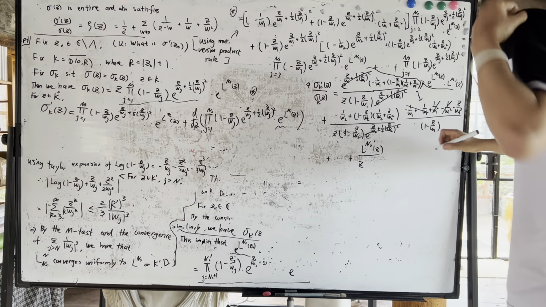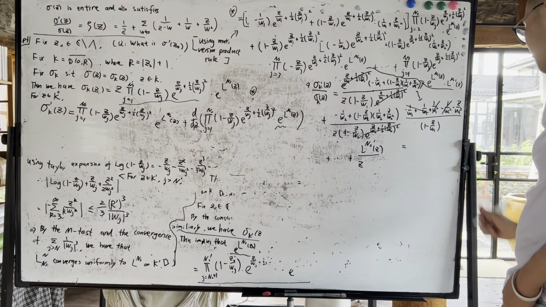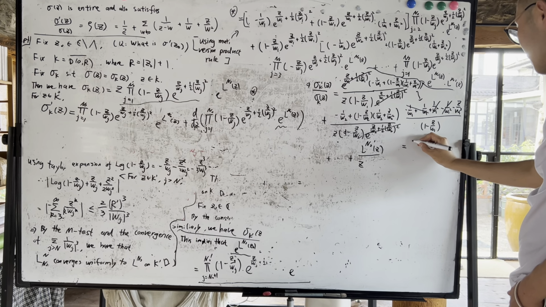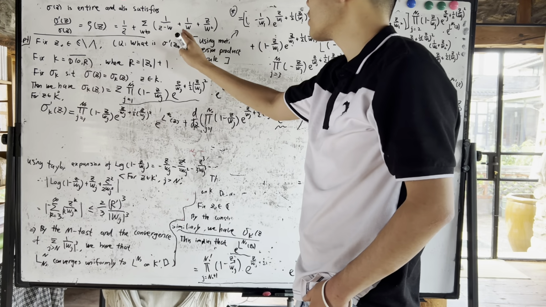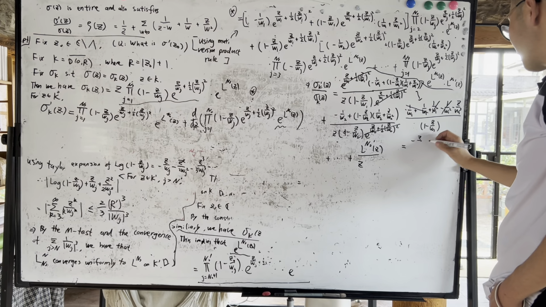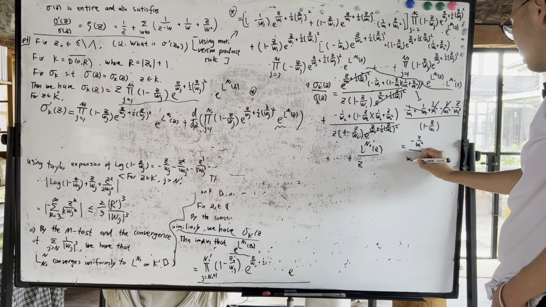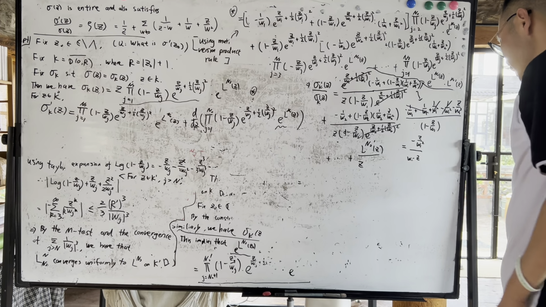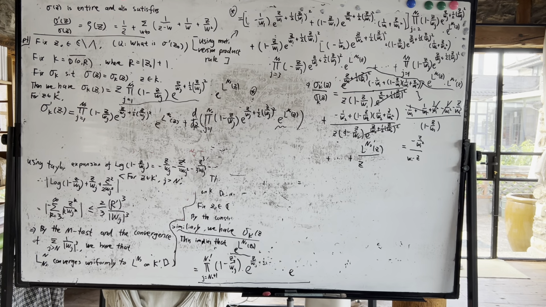Okay, so let's see what we can do with this one. Let's multiply by omega 1 on both sides. So here we get negative z over, because I want it to appear as something like that. So z over omega 1 squared over omega 1 minus z, right?